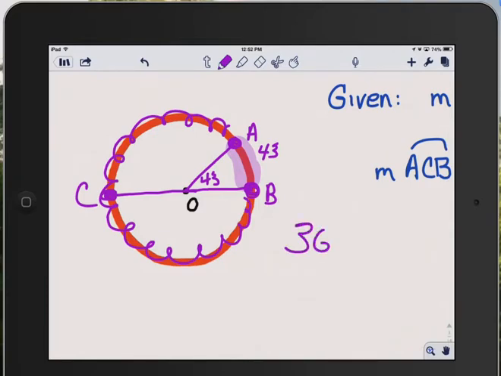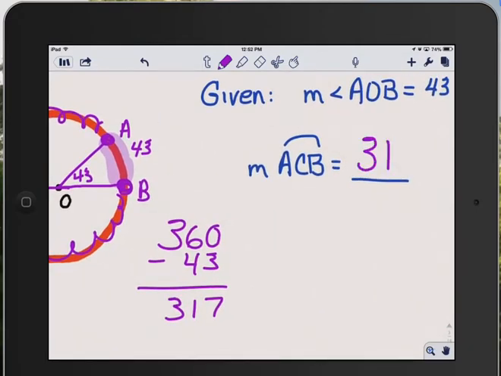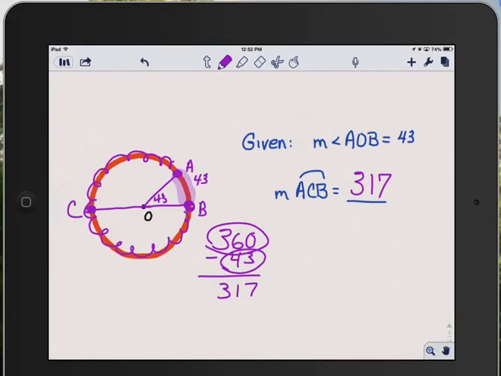So it's 360 minus 43, which equals 317. So the measure of a major arc is equal to 360 minus the measure of the remaining minor arc, which is 43 degrees in this case.